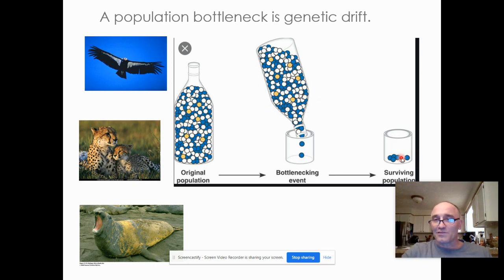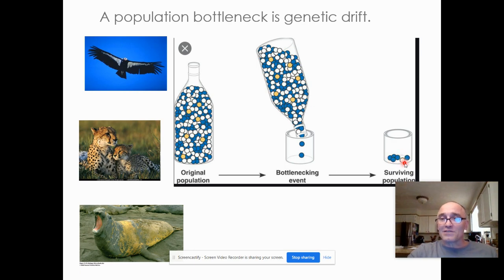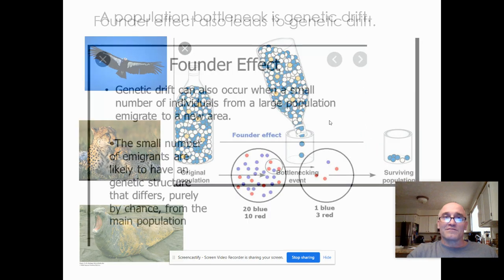So in here, you end up with only a few individuals left, most of them being blue. And it could happen that maybe the white one just doesn't reproduce, so that white alleles drift out of the population. So again, population has to be small for genetic drift to happen.